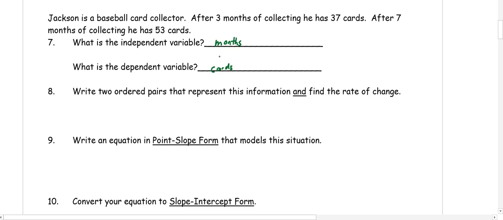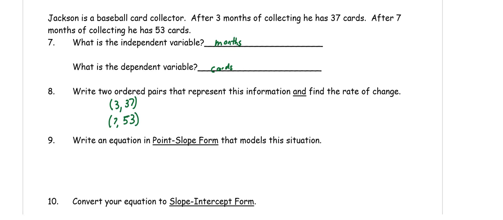Write 2 ordered pairs that represent this information. Find the rate of change. So we have 1 ordered pair of 3 months is 37 cards, and 7 months is 53 cards.